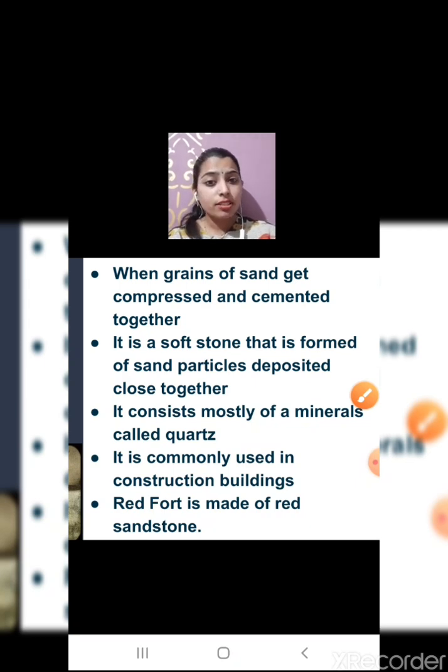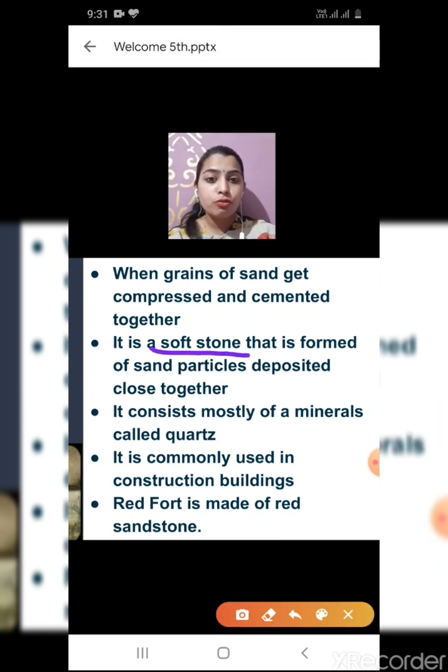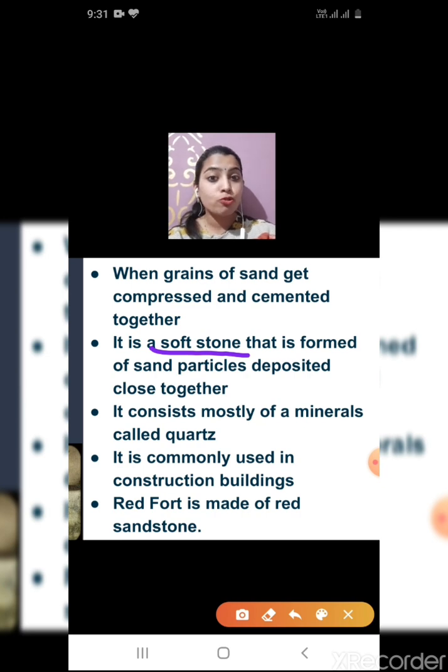When grains of sand get compressed and cemented together, this forms sandstone. It is a stone, it is a soft stone. This type of stone, sandstone, is a very soft stone that is formed of sand particles deposited close together.